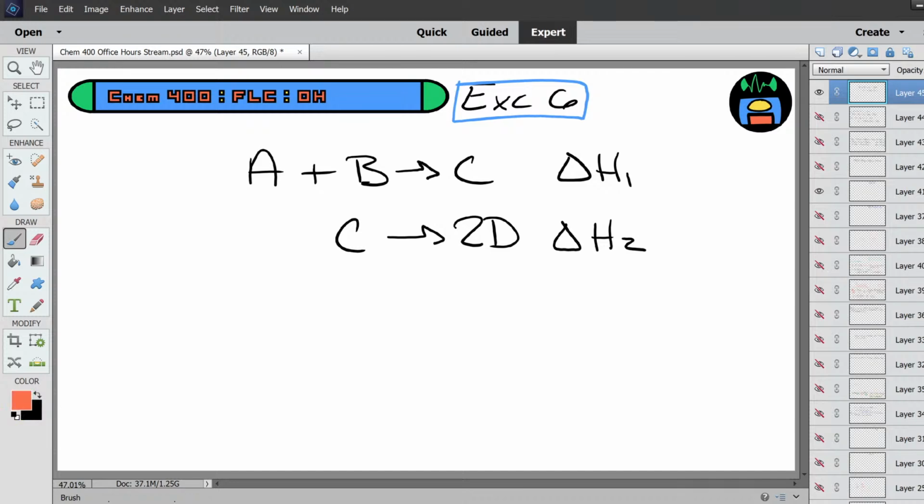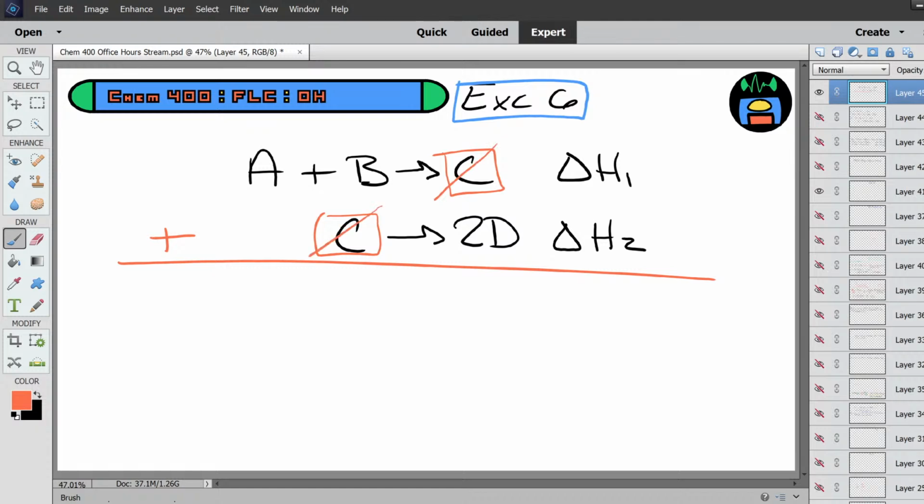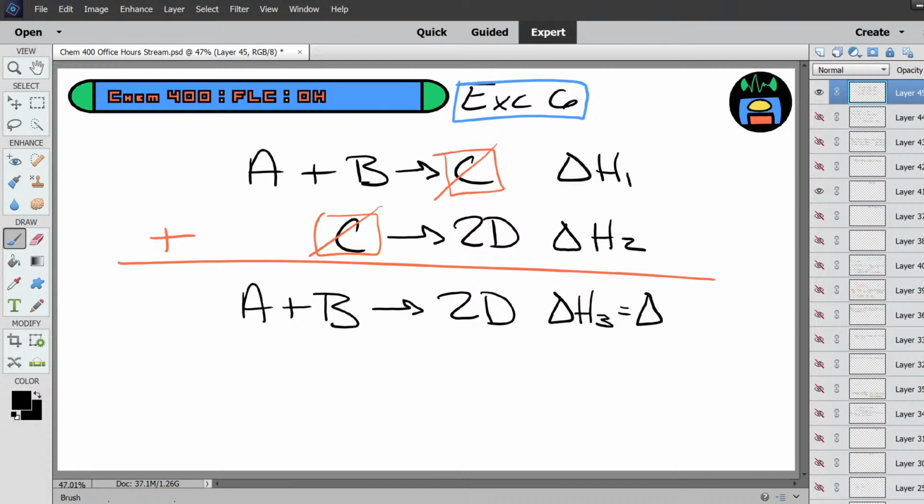You can add these reactions together to get a new reaction. You'll notice that C is a reactant and a product, so it cancels. Our new reaction when you add these together is A plus B produces 2D. And our new delta H, we'll call this delta H3, is equal to the sum of the two delta H's for the reactions that we added together.